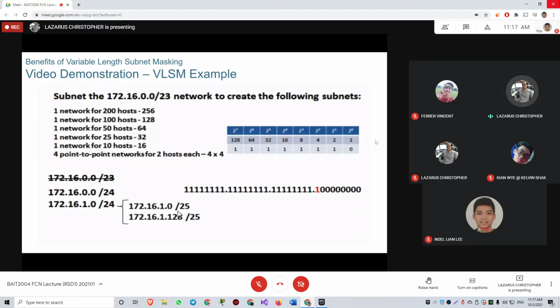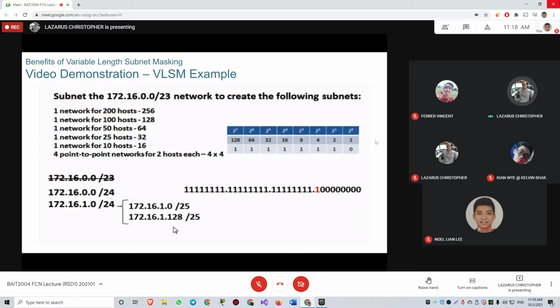This creates another subnet, 172.16.1.128. Both subnets have a magic number of 128, meaning the networks go up by 128. So I've taken this one network of 256 hosts and subdivided it into two networks of 128 hosts each. Now I have a subnet to meet this second requirement.